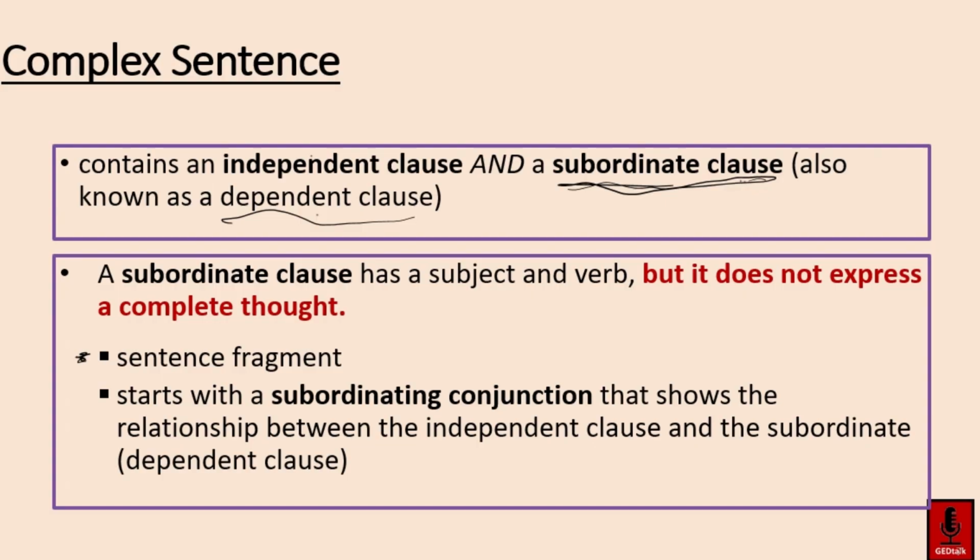And so these dependent clauses or these subordinate clauses start with a subordinating conjunction, and a subordinating conjunction is going to show that relationship between the independent clause and the subordinate clause. And if you're like, wait, didn't we just do that with the coordinating conjunctions? Yes, folks. And now we're talking about subordinating conjunctions, which for some of you, I know sounds like a lot, but in reality, folks, remember, you learn something, you need to just make sure that you are practicing the skill.